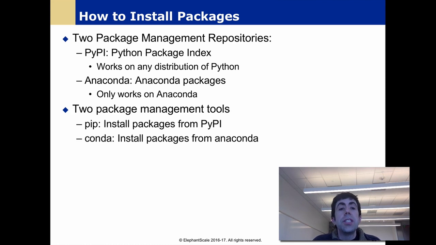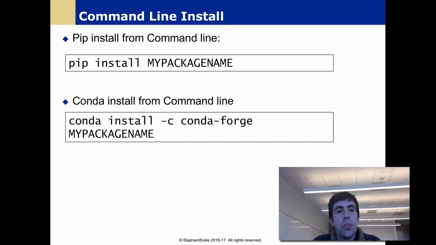It's especially good, as we said, for Windows. Its package management system is called Conda, and it only works on the Anaconda distribution. So the two package management tools we have: there is pip, that installs packages from PyPI and will work on any version of Python, including Anaconda, and the command line tool called Conda, which will install packages specifically for Anaconda. Obviously it doesn't exist for other versions of Python.